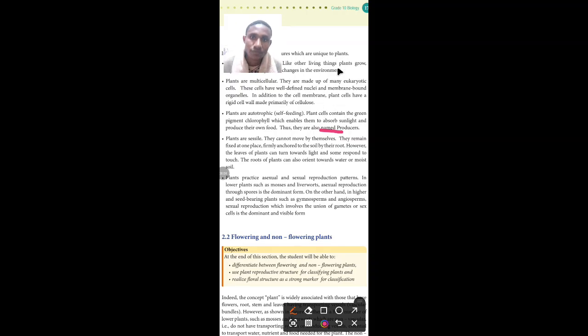These pigments are responsible for different wavelengths of light, and they absorb the different wavelengths from the sunlight. As we see, the sunlight seems like a white color, but it's not actually white. When we disperse the white light through a prism, it disperses into different colors like the Vibgyor: violet, indigo, blue, red, yellow, and others.